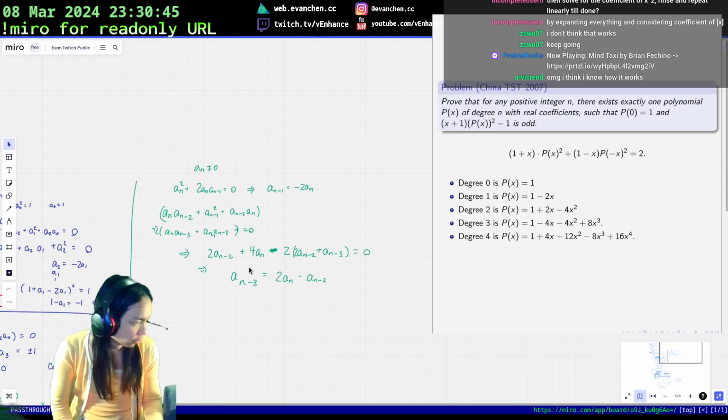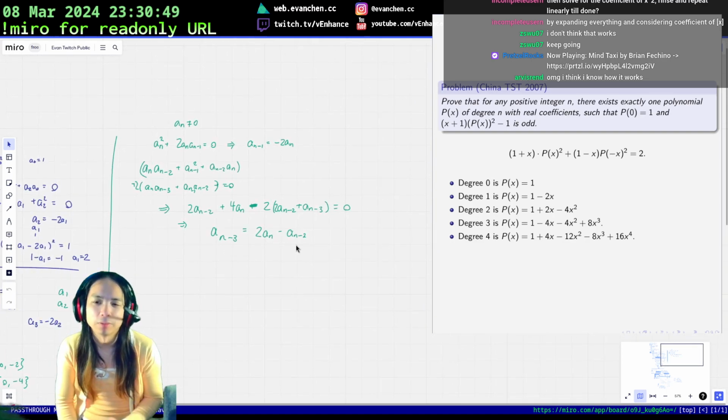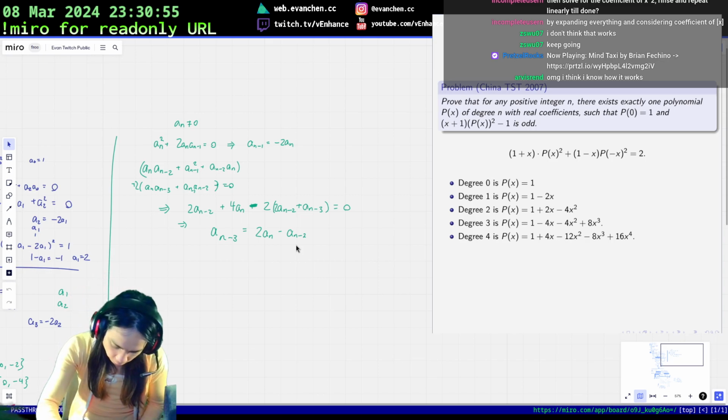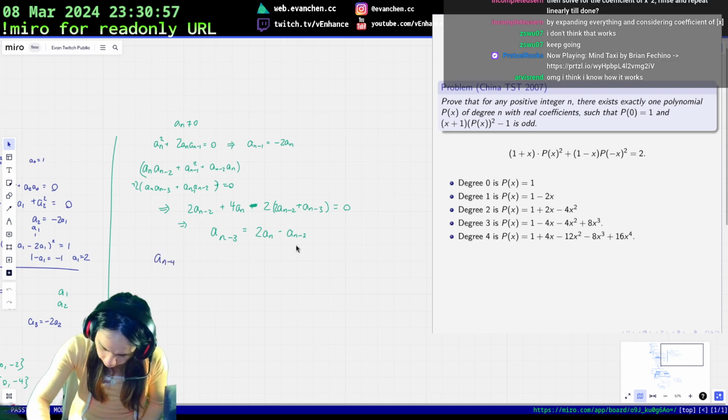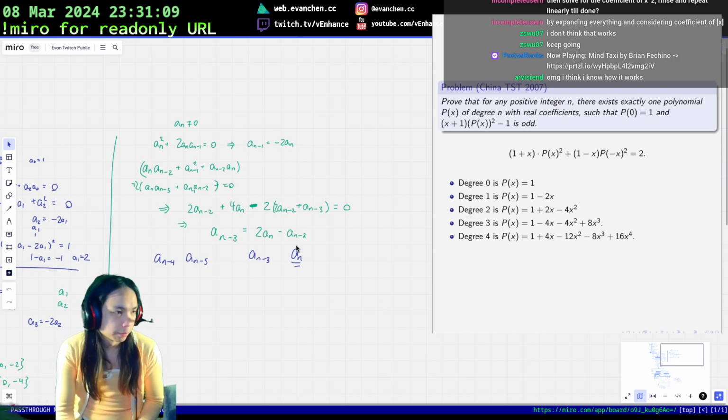Yeah, but now you get this at the next level, but now I don't know what it means to keep going because your next equation will have you get 2 new variables at the next level, right? Which is a_{n-4}, a_{n-5}. But you already have in addition this a_n that you keep factoring out, which is fine, but you also have this a_{n-3}. So it seems like the number of variables grows.